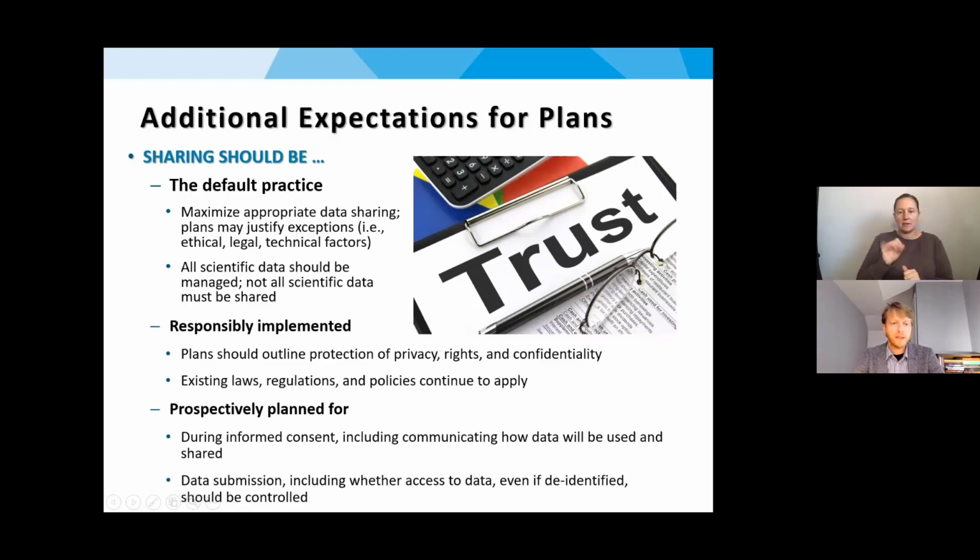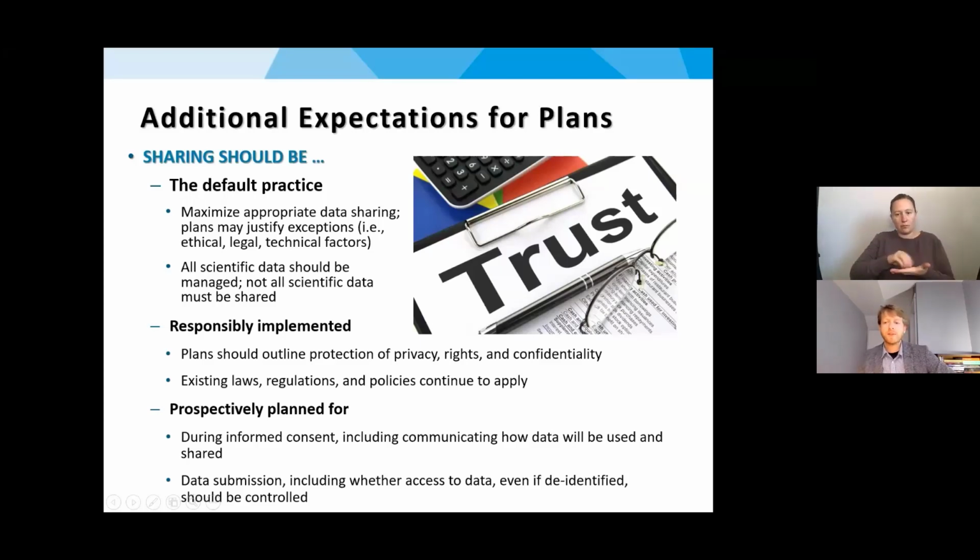It doesn't directly require data sharing, but it does expect that in drafting their plans, applicants will attempt to maximize appropriate sharing. And of course, because these plans become binding, awardees will be held to what these plans say.